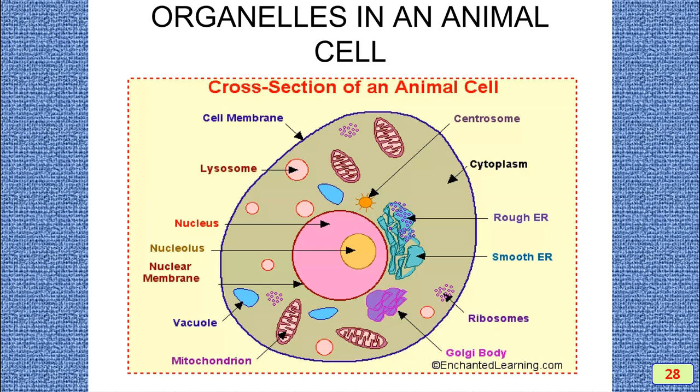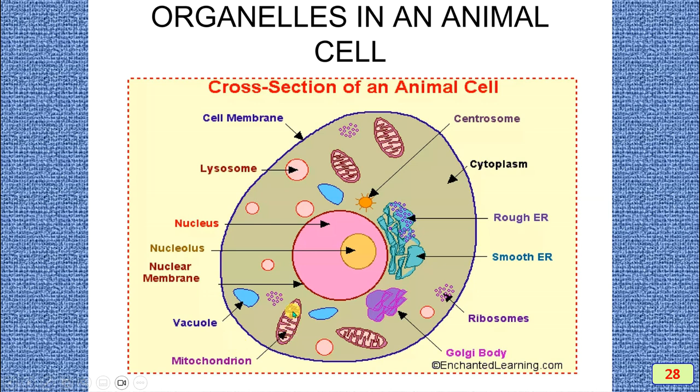So overall, the organelles present in an animal cell are the outer cell membrane, followed by the lysosomes, which contain chemicals. The nucleus is the control house. Then the nucleolus is another thing. The nuclear membrane protects the nucleus. Then vacuoles are there.